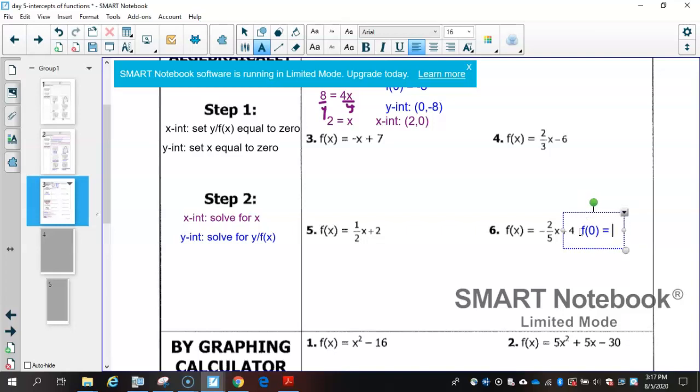I'm typing this, so I'm going to leave a couple spaces because I have to write in the fraction. This notebook that I'm working in doesn't really let me type in fractions. So this is going to look kind of funky for 1 second. Just bear with me.